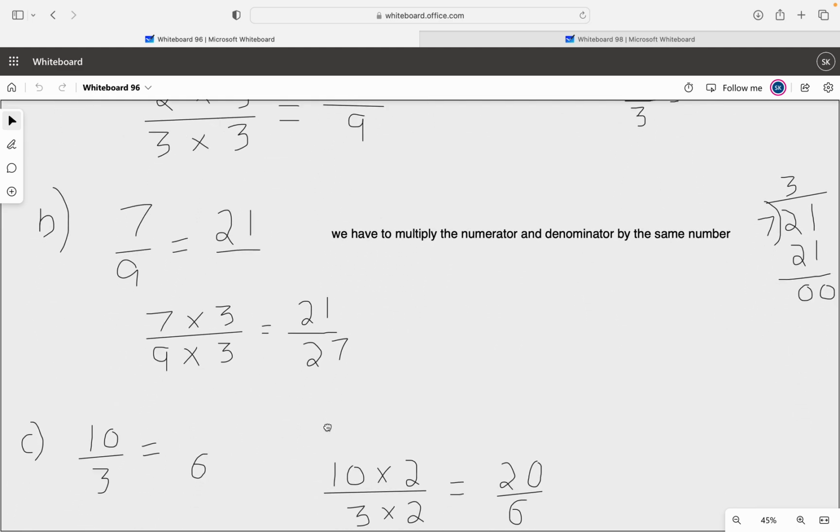And the next one is 7 by 9 is equal to 21 by blank. We divide 21 by 7. 7 times 3 is 21. So 3 is the common number which you need to multiply both numerator and denominator with. It becomes 21 by 27.